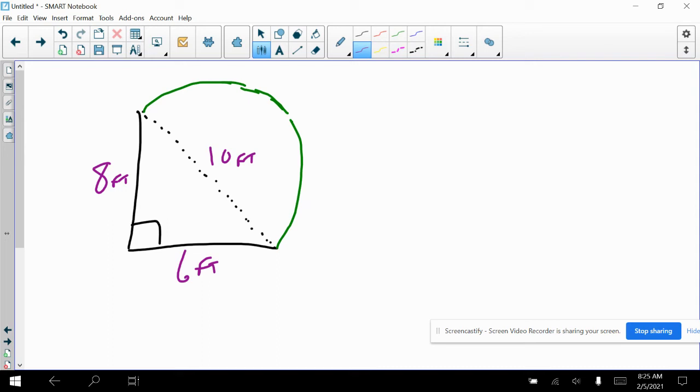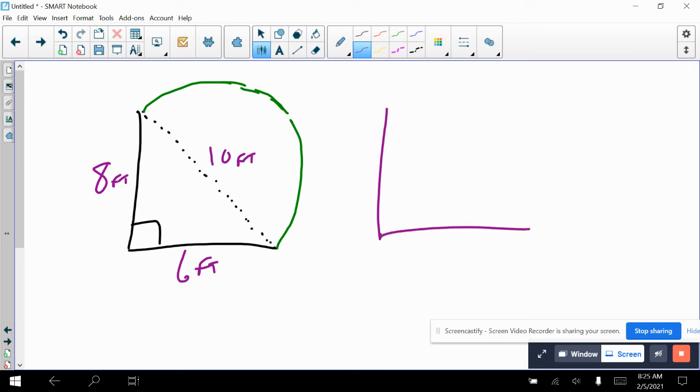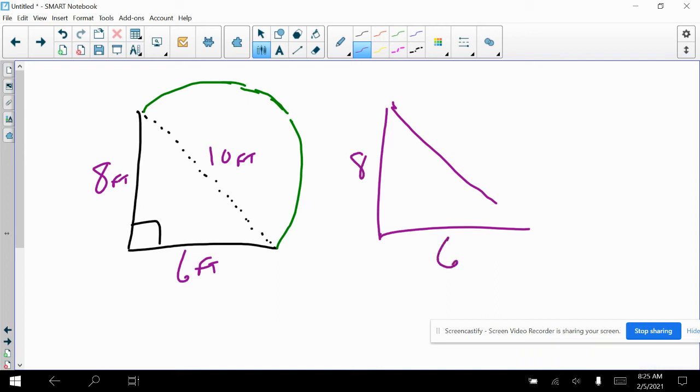Now, if you would ever see a triangle, which at the moment you're not going to, but I just want to share this with you. Okay, a little side note here. If you ever see something, and we'll just use the same measurements, 8, 6, and all of a sudden this is like, I don't know, 9.